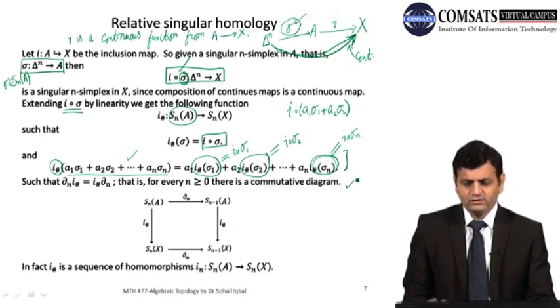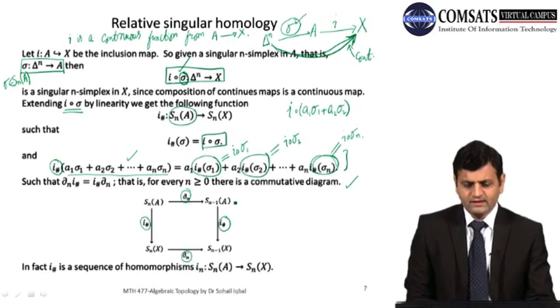We also proved the following thing. We have a continuous function I from A to X, and so we have this I sharp map from Sn of A, the n chains of A, to the n chains of X, and similarly I can define this I sharp map from n minus 1 chains of A to the n minus 1 chains of X. And we also have these boundary maps.